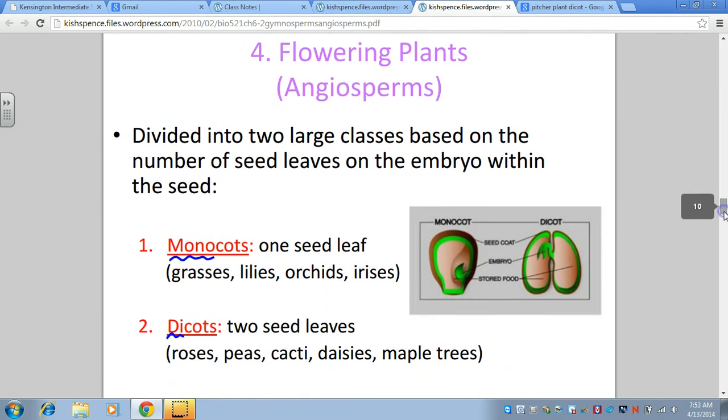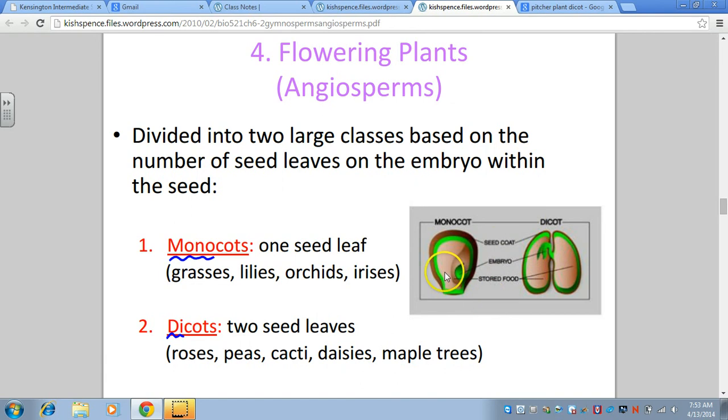Now, the flowering plants are divided into two main groups or classes based on the number of seed leaves that form in the embryo. A seed leaf is a cotyledon, so if only one forms, they call them a monocot, because mono means one. If they form two, then we call them dicots.